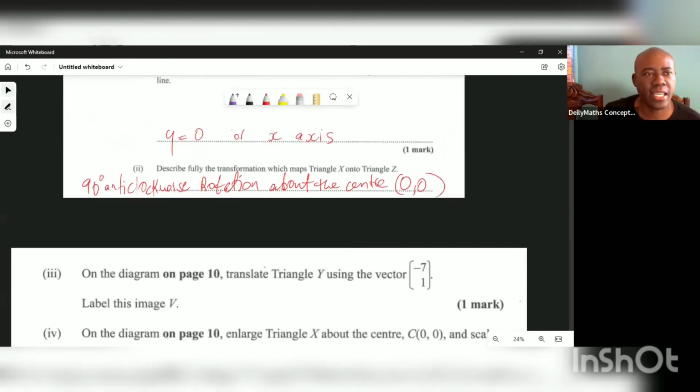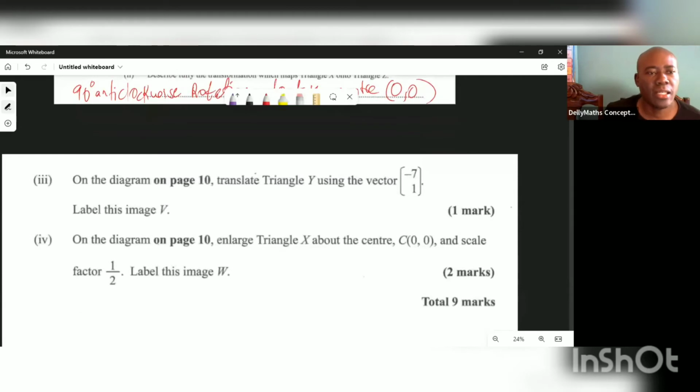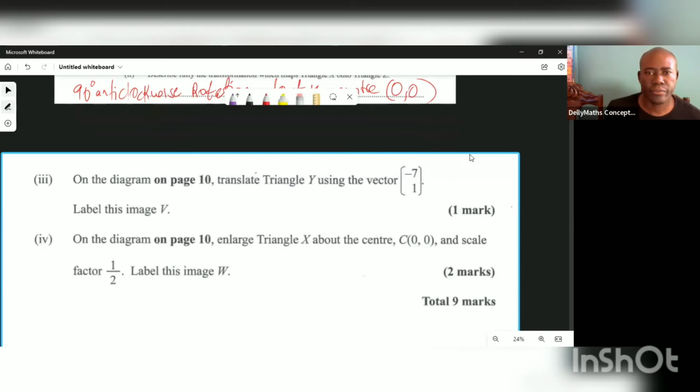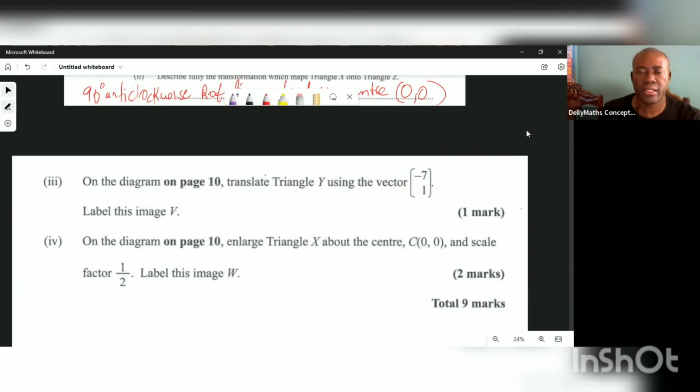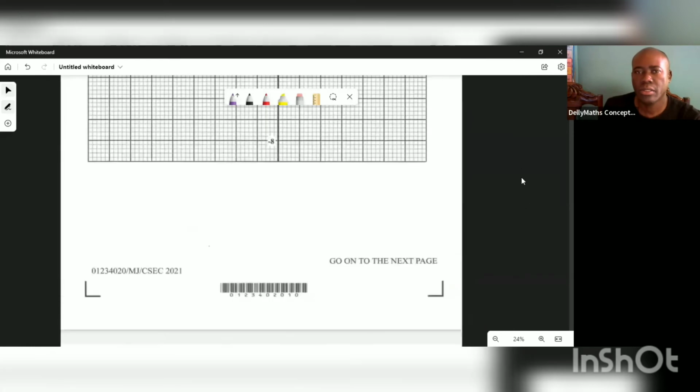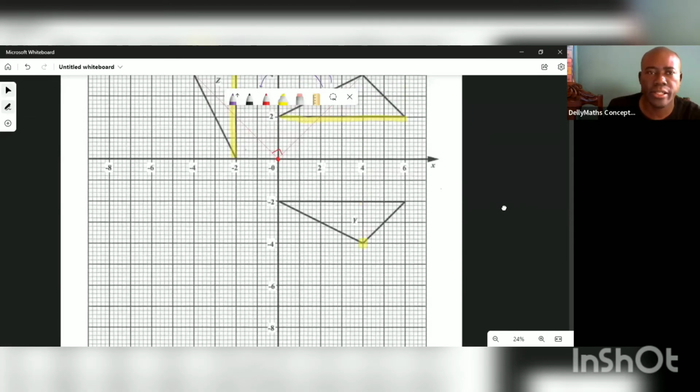All right, so the next question says that on the diagram on page 10, which is with the image with the X, Y, and Z triangles there, it says translate triangle Y using the vector -7, 1, and then label that V. So translate triangle Y using the vector -7, 1, and label this image V. This is triangle Y that we're looking at here.